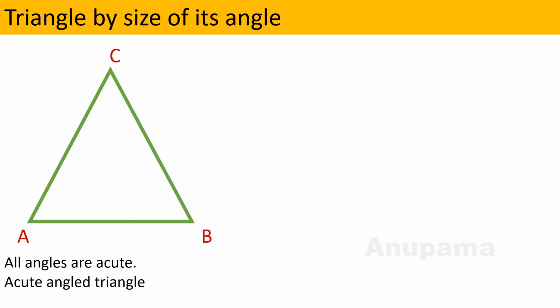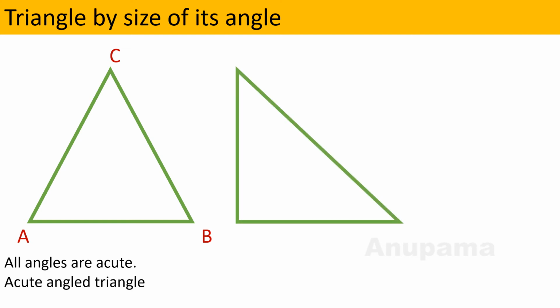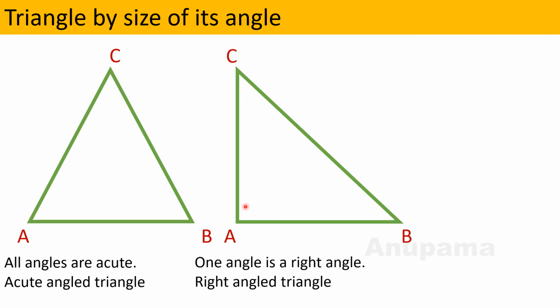Then these kind of triangles are called acute angled triangles. Next one is triangle which has one angle of 90 degree. For example, this triangle ABC, it has angle A of 90 degree. That's why it is called right angle triangle.